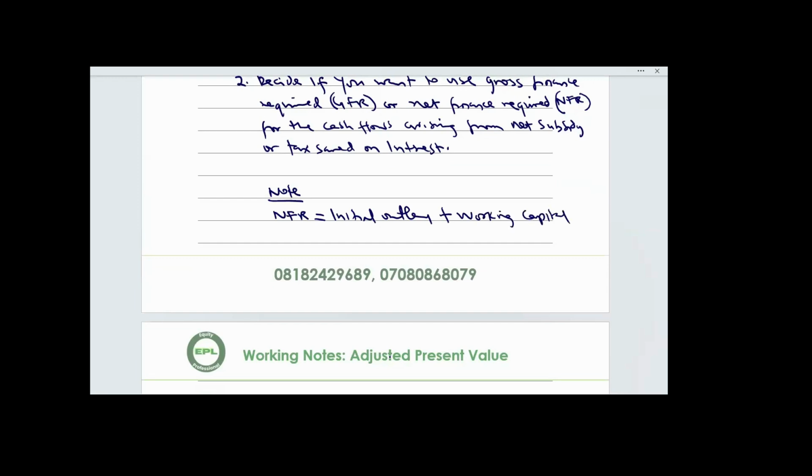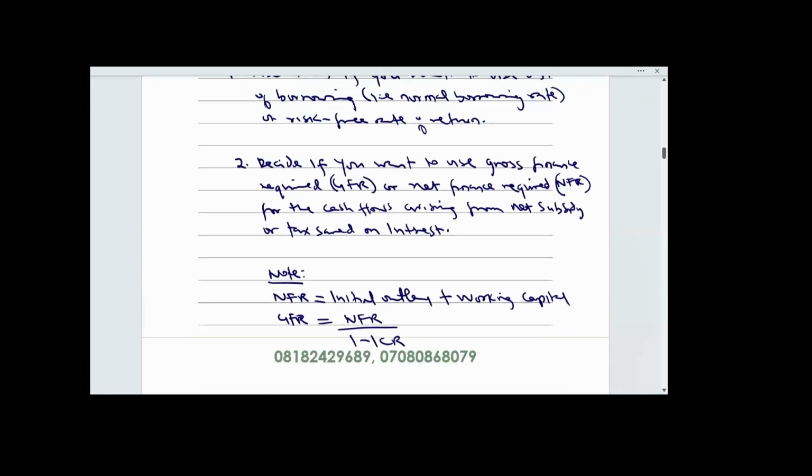Then the gross finance required is calculated as the net finance required divided by 1 minus issue cost rates. Note, ICR equal to, okay, I will define it later on. Let me just move on. Okay, so that's what you need to do. I will explain what you mean by issue cost later on.